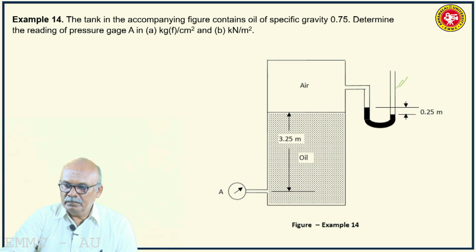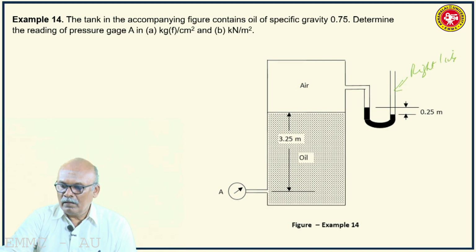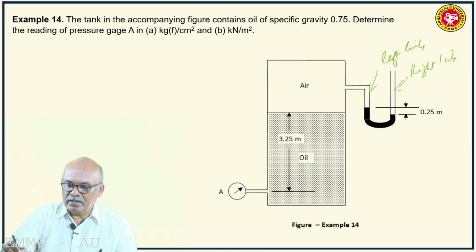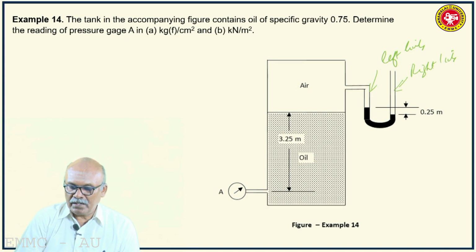This is the right limb and this is the left limb. The right limb is kept open to atmosphere and the left limb is connected to the air space in the container, and it is required to find the pressure at the gauge point A.